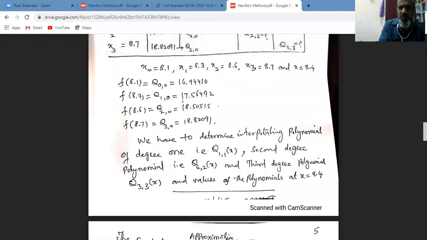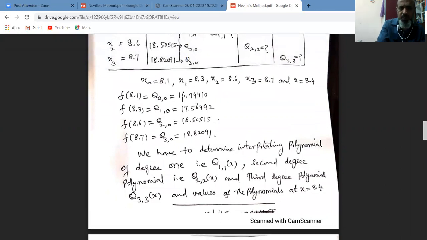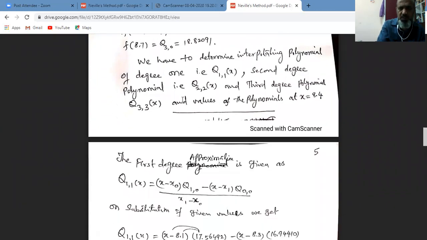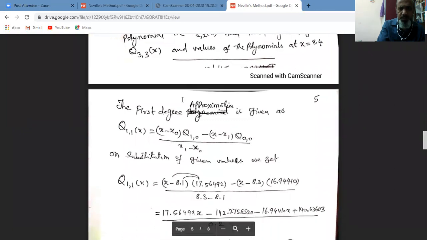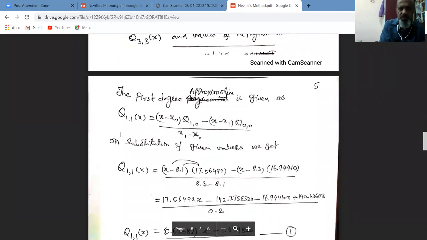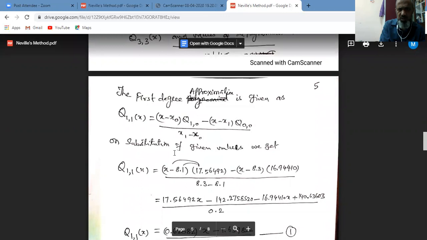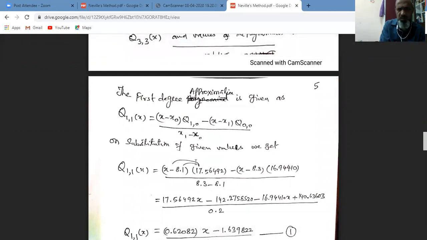So these values we are substituting in the first degree approximation. So see here, we are substituting the values. X minus x naught is 8.1, q10 value is 17.56492, minus x minus x1 8.3 into q00, this is the value of q00, by x1 8.3 minus 8.1.